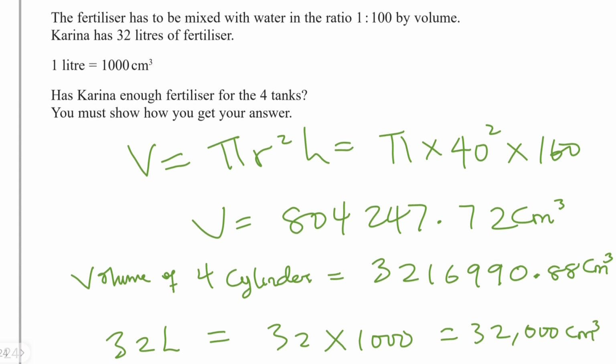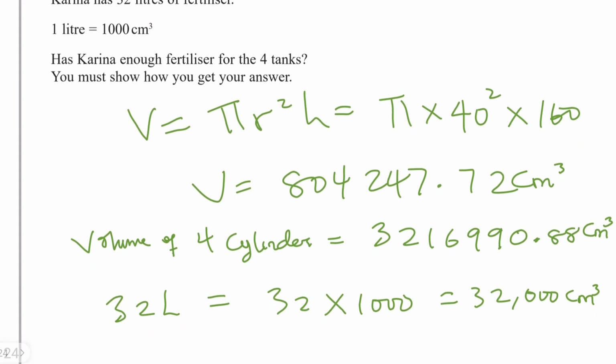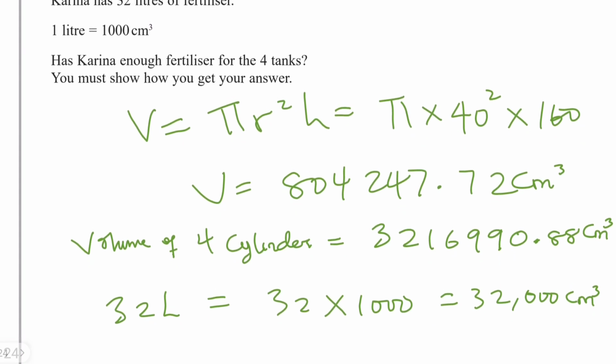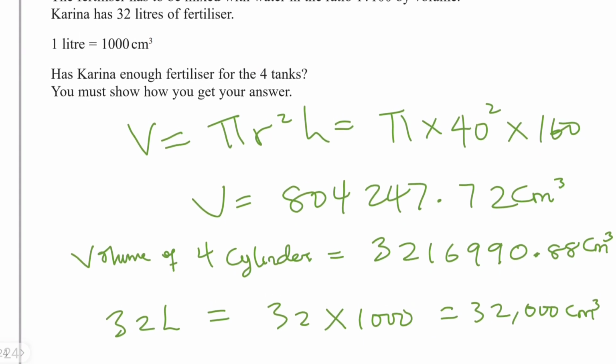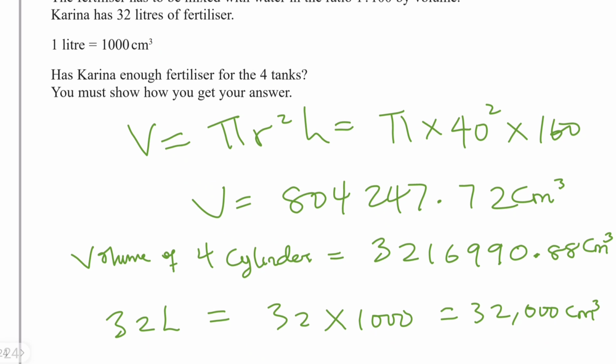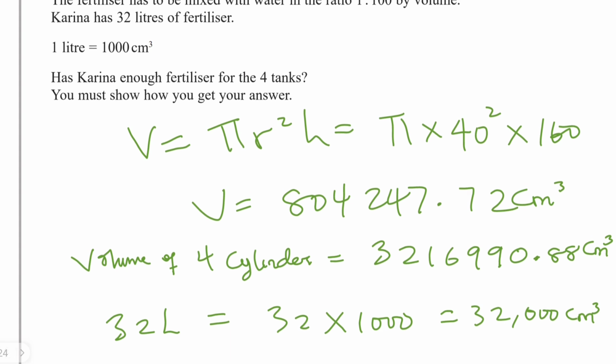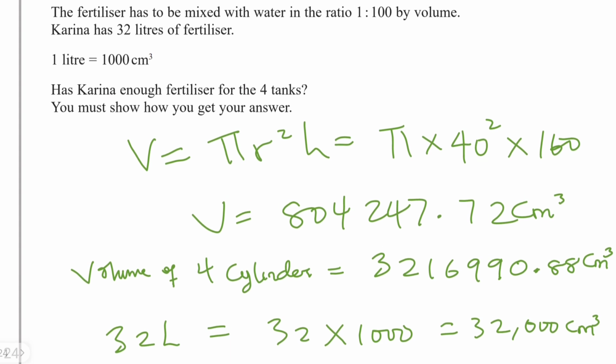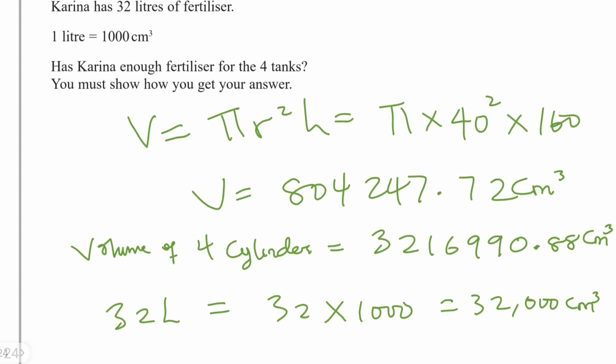Now, the fertilizer has to be mixed with water in the ratio 1 to 100 by volume, so what does that tell us? It means for every 1 centimeter cube of fertilizer, we need 100 centimeter cube of water. That is what it means.